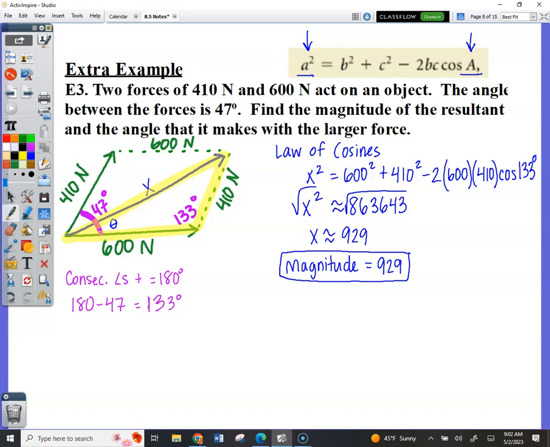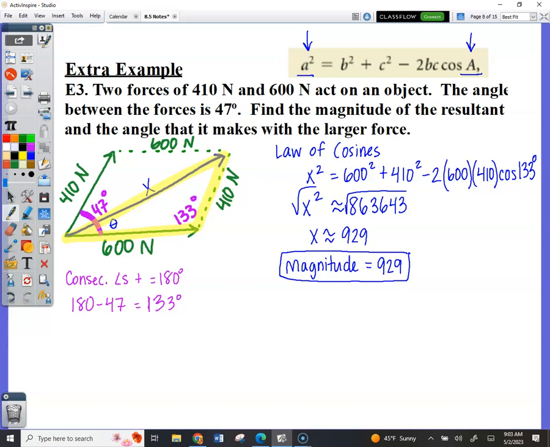Now we've got to find the angle between the resultant and the larger force, which is theta in our picture. I personally have trouble sometimes muting out info, especially with formulas when I have to be careful with what I plug in.